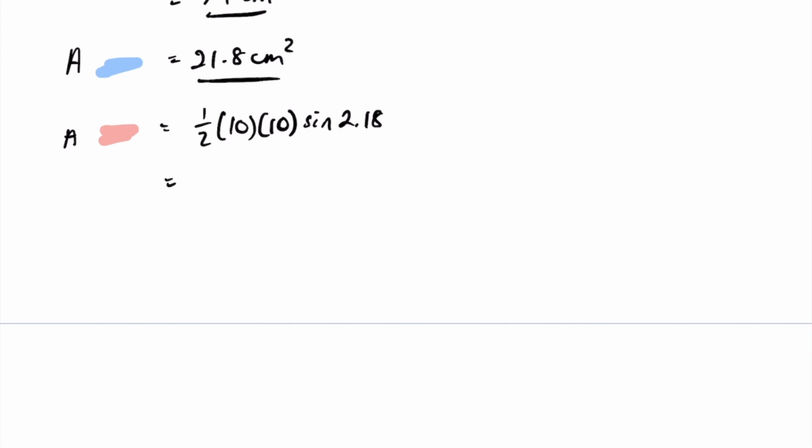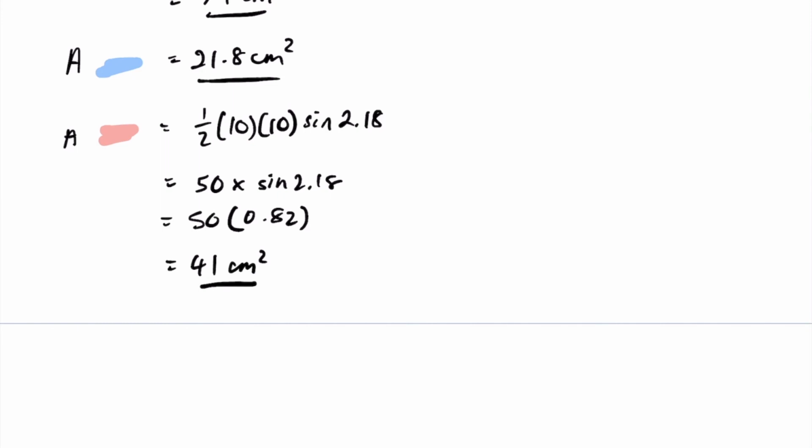That's equal to 50 times sine of 2.18, which we can calculate as 0.82, so 50 times 0.82 is equal to 41 cm squared.